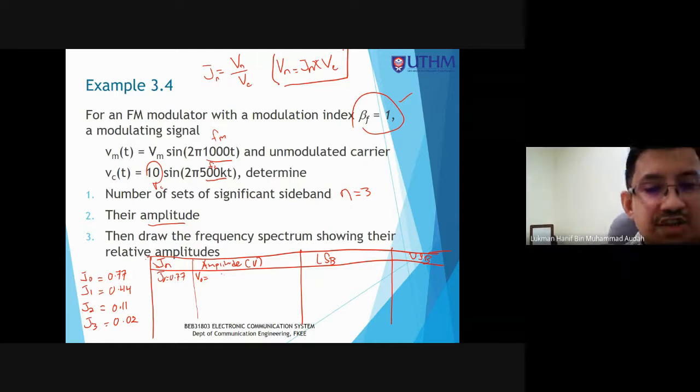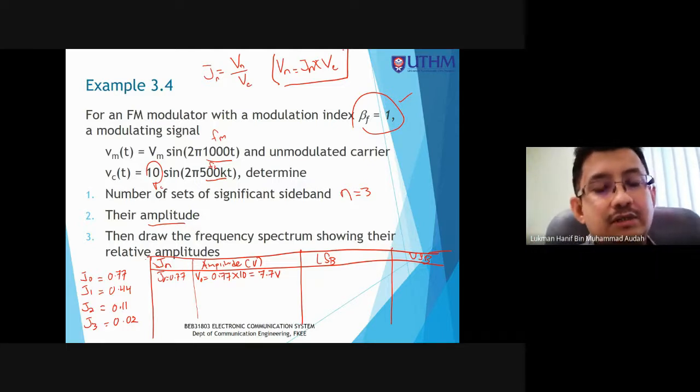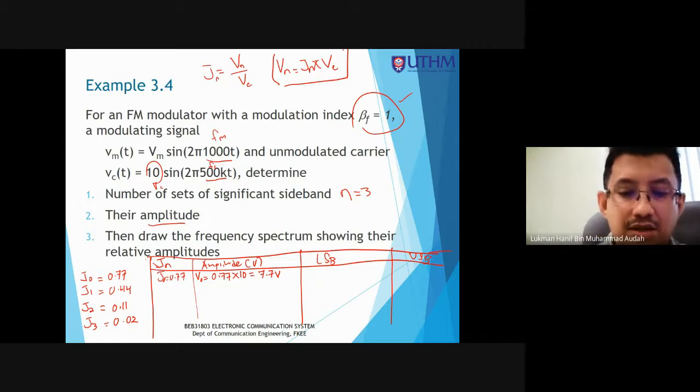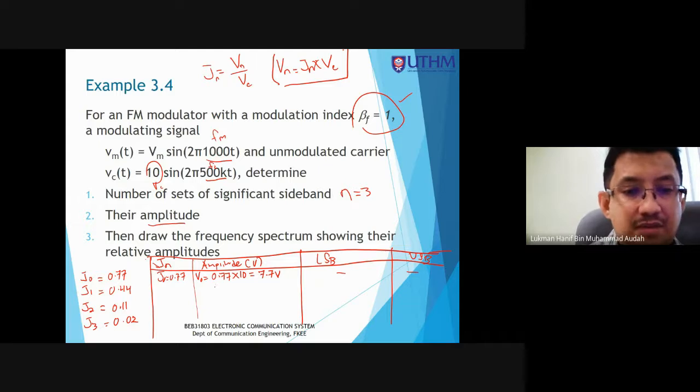So V0 is equal to 0.77 multiplied with VC, which is 10. That means 7.7 volt. And this is at the center frequency FC, so there is no need to fill in the sidebands because it is in the middle. It is at FC, which is equal to 500 kHz.